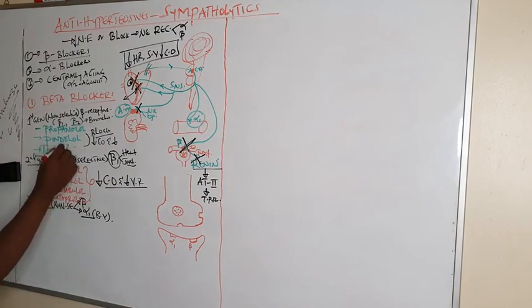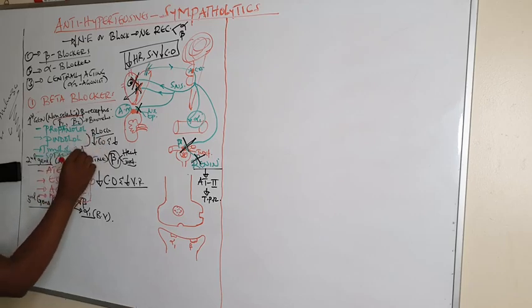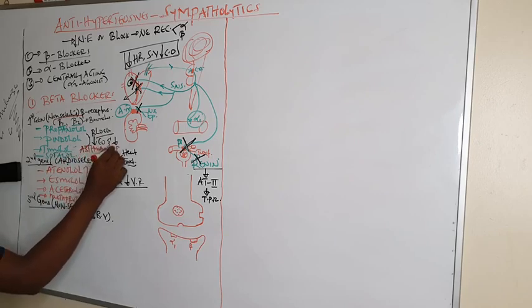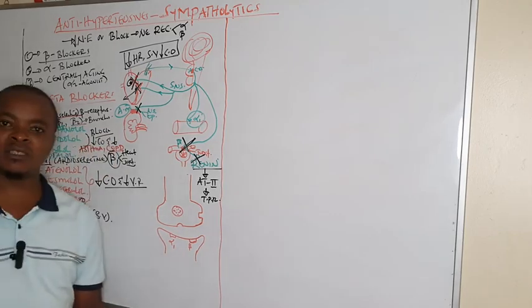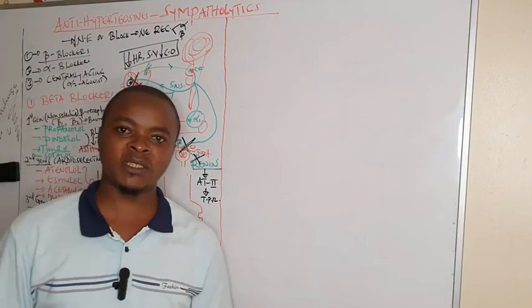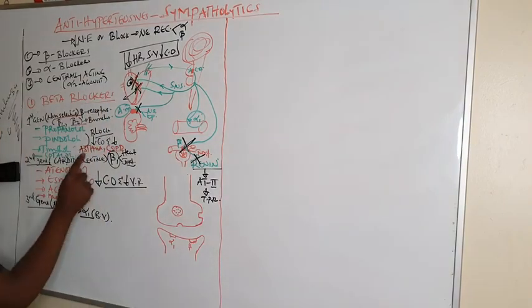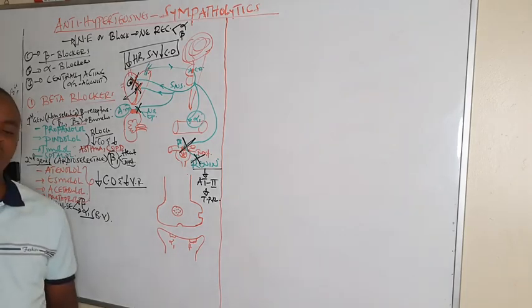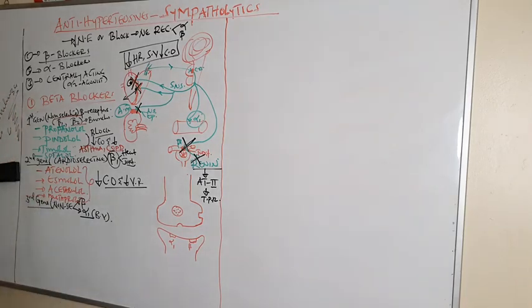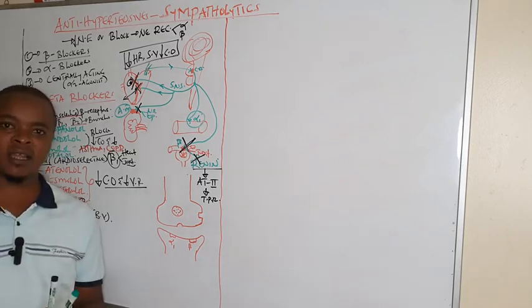So we are seeing that the non-selective ones are contraindicated in patients with asthma and COPD because they can act on the beta-2 receptors in the respiratory system, leading to bronchospasms, which is dangerous in people with asthma and chronic obstructive pulmonary disease. So this is what we can look at under cardioselective.